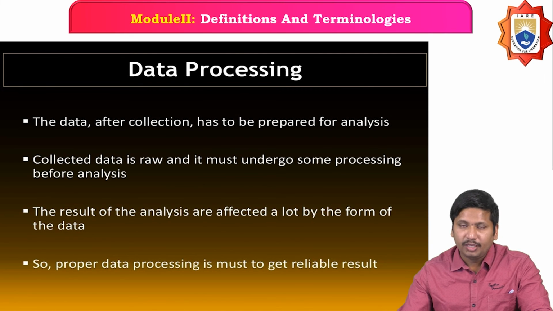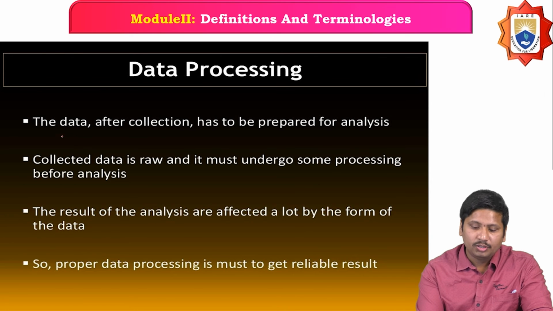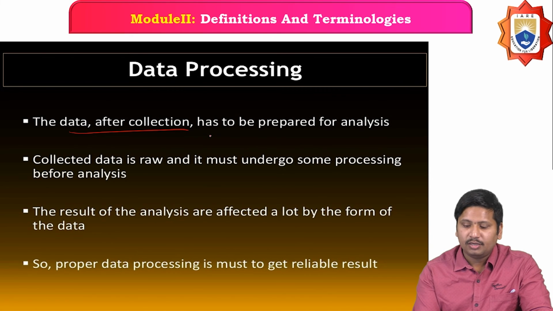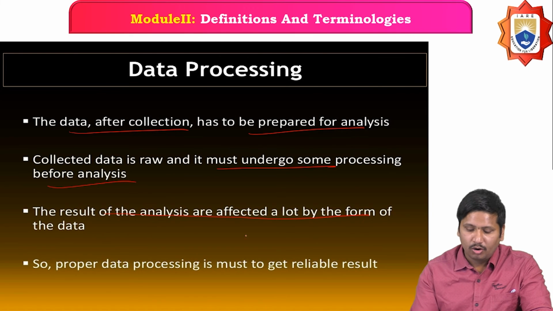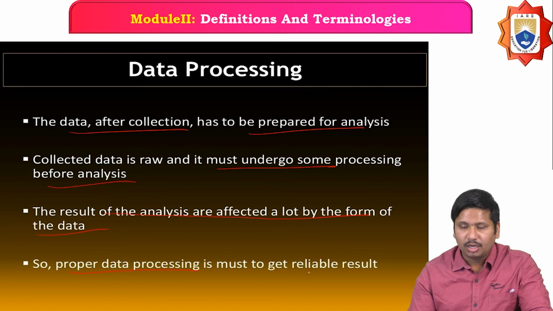For implementing data processing, after collecting the data we have to prepare it for analysis. The collected data is raw and must undergo some process before analysis, and the result of the analysis is affected by the form of the data. So proper data processing is a must to get reliable results.